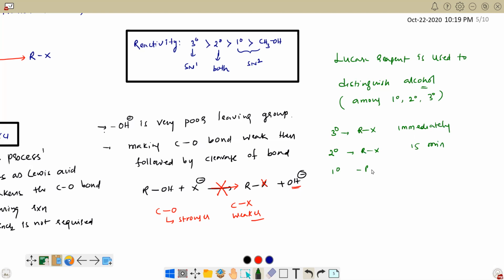And 1 degree alcohol, more than 15 minutes after heating. Are you getting my point? So you write down one question related to this.